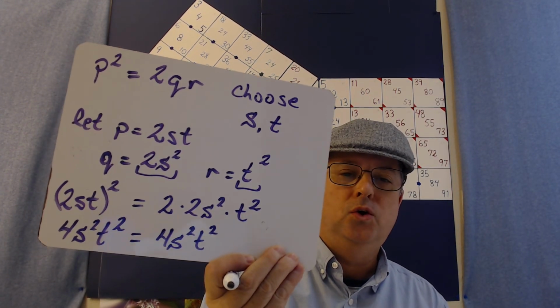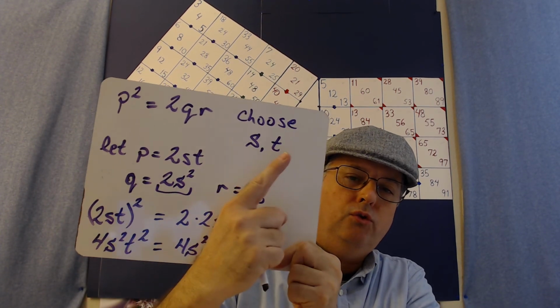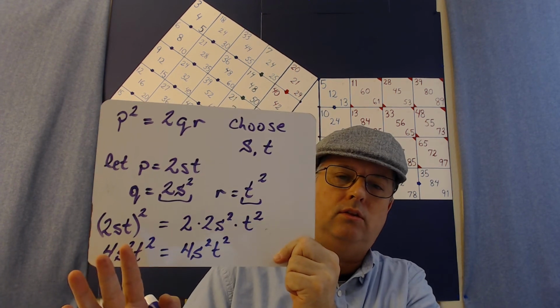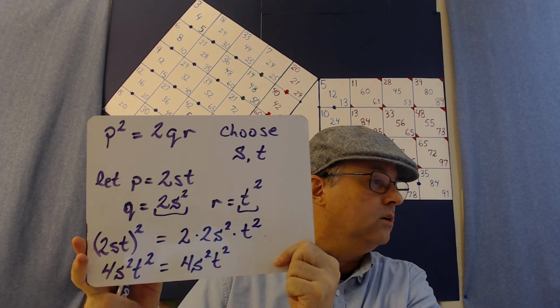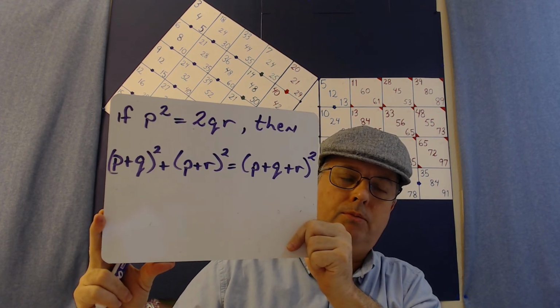Okay, so let's see. So we can now choose 2 values and not have any conditions on those 2 values, and they will fit the formula that we have here for generating Pythagorean triples.